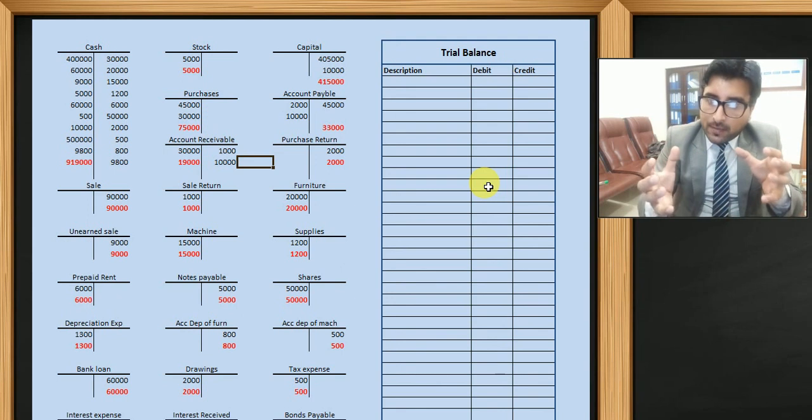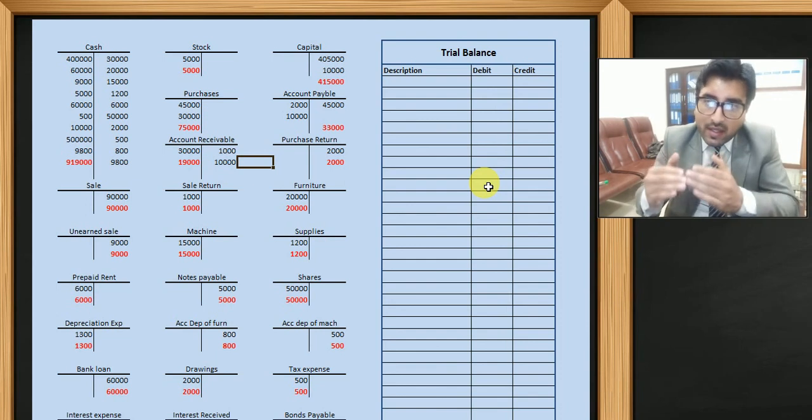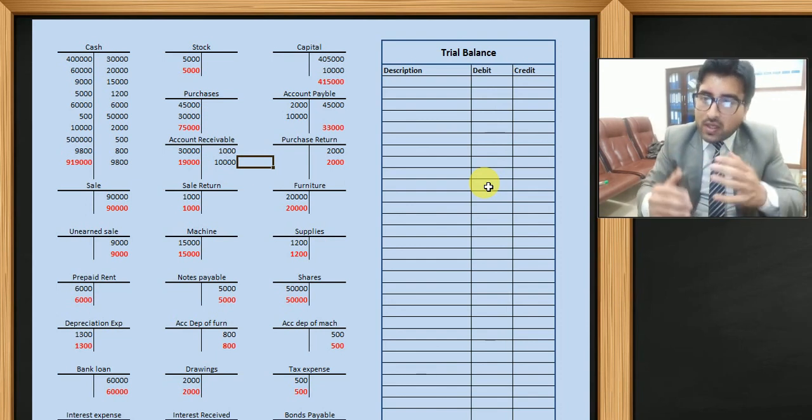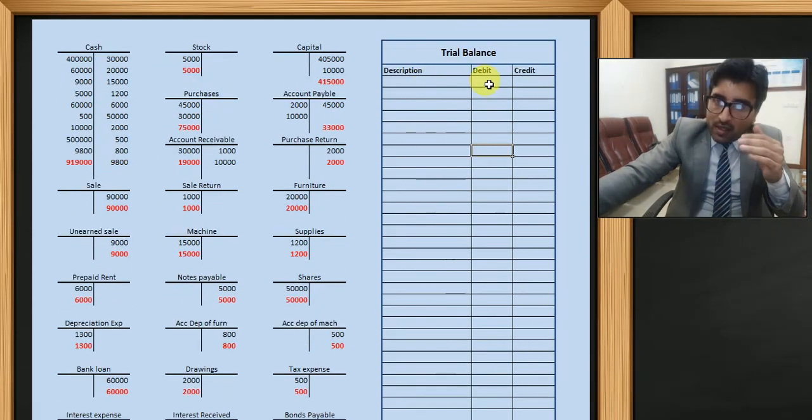All the debit balances must equal the total of all the credit balances. If the debit balances of all accounts are not equal to the credit balances of all accounts, it means there are mistakes. In this trial balance we have three columns: one for description, then debit and credit.